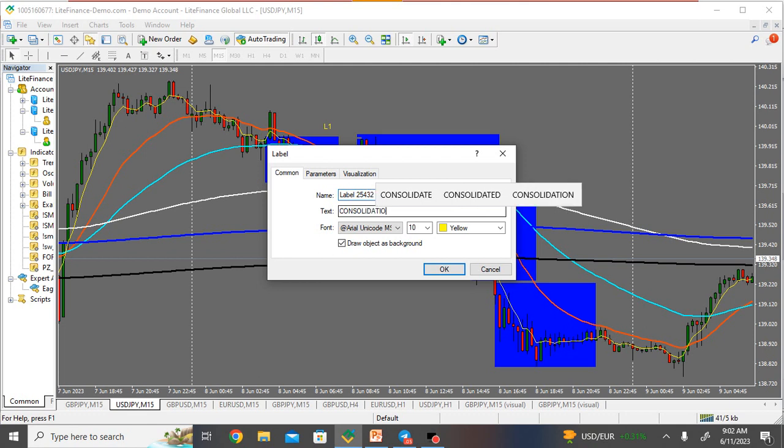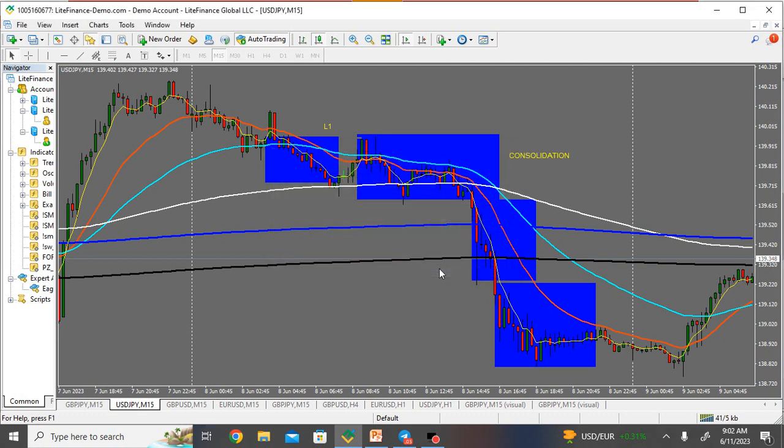When I say consolidation, I mean collection or ranging. That means the trend is not trending, it is ranging up and down with no trending. It means the pair is on correction. So this was a consolidation, so ignore this.